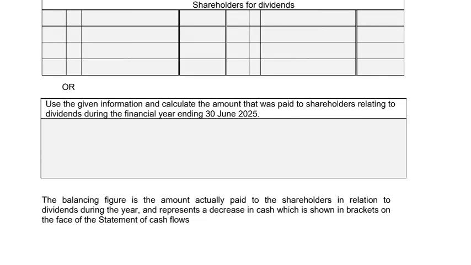So in the shareholders for dividends ledger account, on the credit side, we are going to write 2024 July the 1st. It's going to be our opening balance of 67,000. Then on 2025 June the 30th, we are going to write ordinary share dividends.